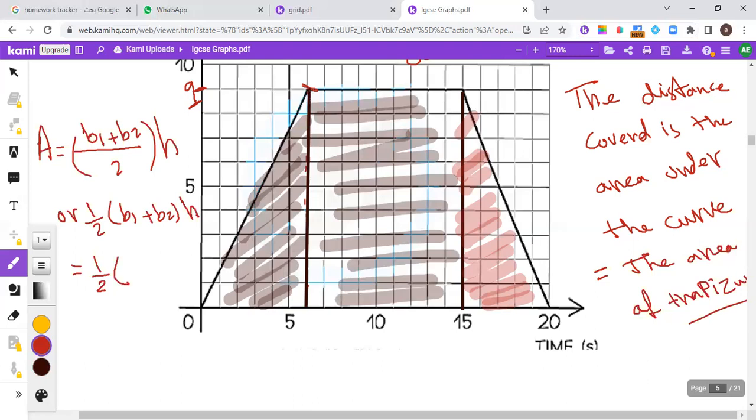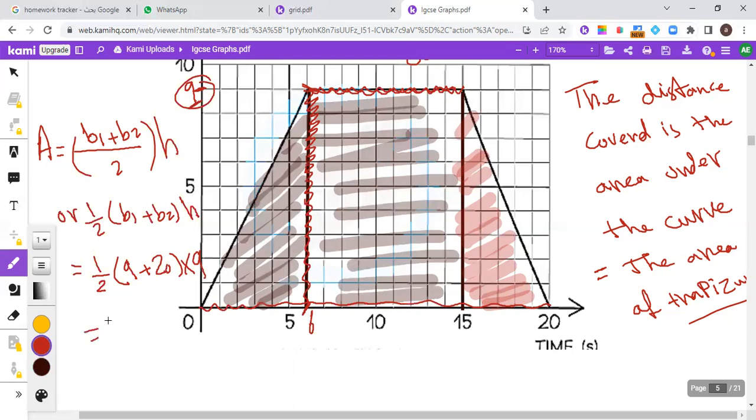What is B1? This is B1. It is from 6 to 15, which is 9. What is B2? 20. Times the height. What is the height here? 9.